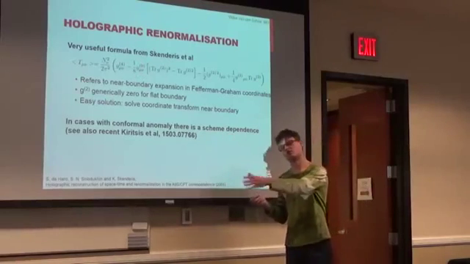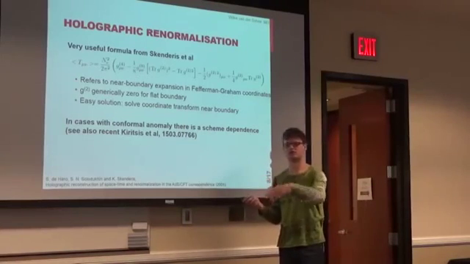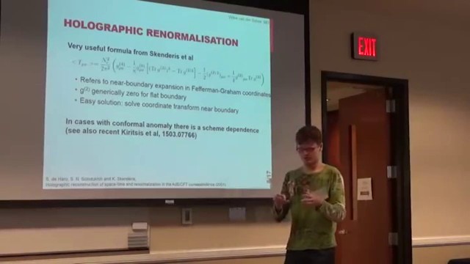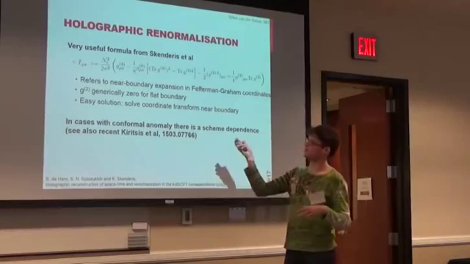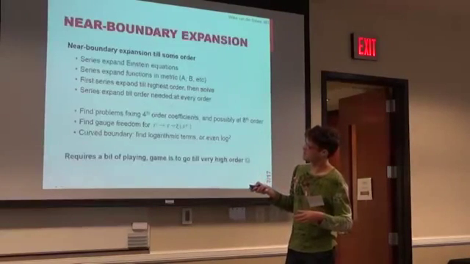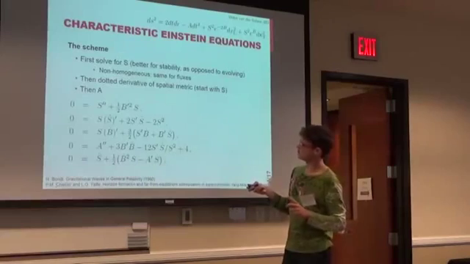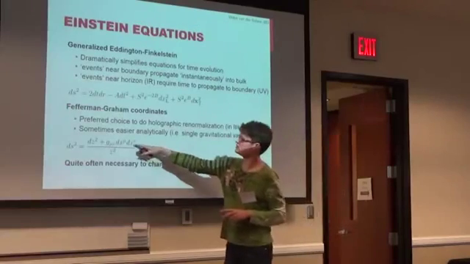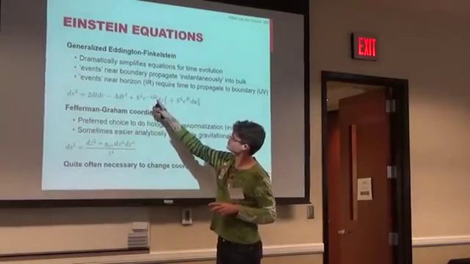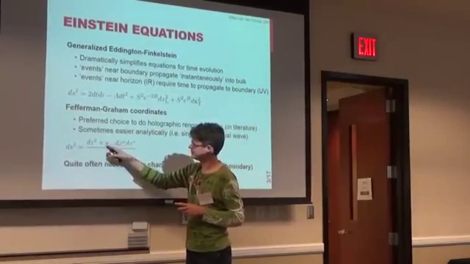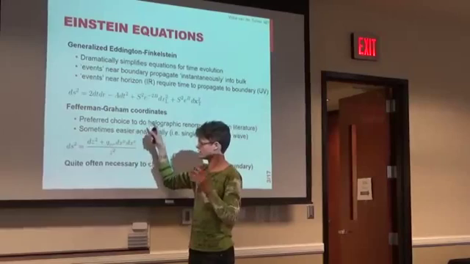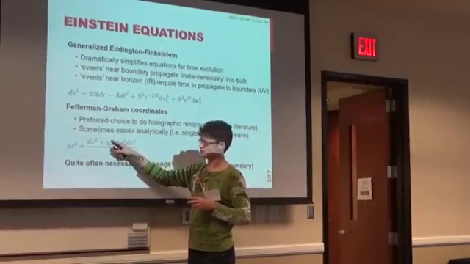So you have to do this order by order solution. You have to solve Einstein equations order by order near the boundary, given some boundary conditions for how the metric falls off at the boundary. It's easiest to see in this formalism, but here you can also see it easily. What you say is this g mu nu as a function of all coordinates near the boundary.